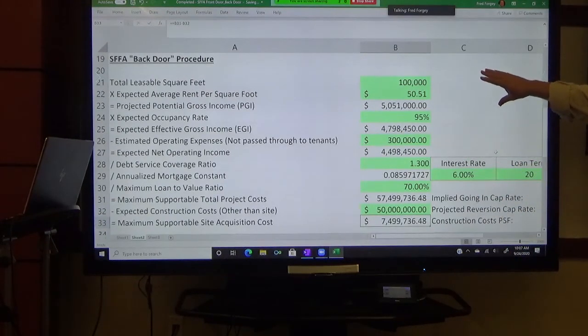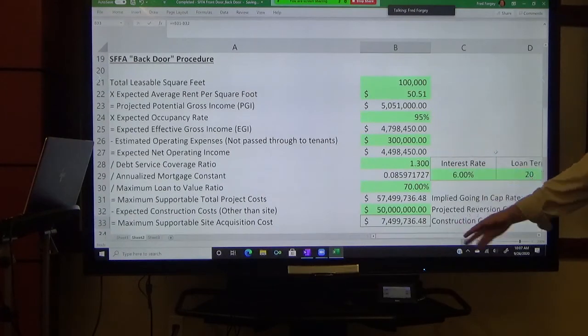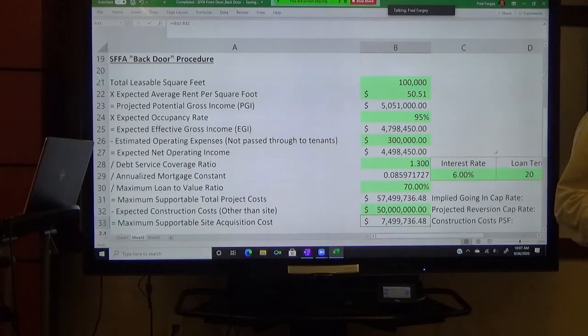But my point is this is just the exact mirror image of the front door approach. It's simply using the same data to work it backwards. Does that make sense, everybody?